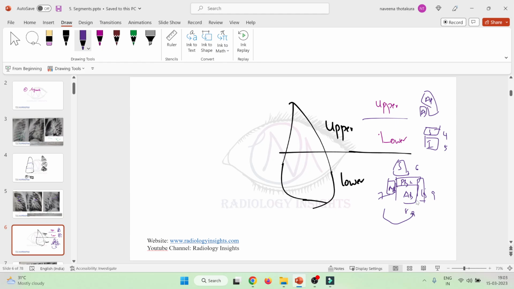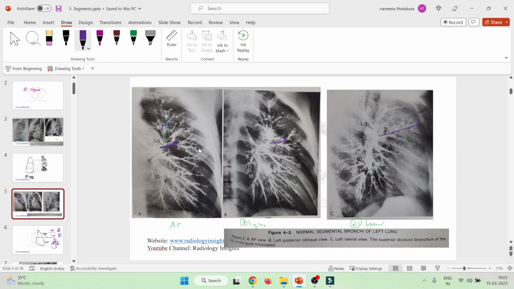So if you see the segmental bronchi distribution, we have seen already the second one. This is 1 to 3, which is actually supplying the apical and posterior segments of the upper lobe of the left lung. Then we have the second segmental bronchus, which is supplying the anterior segment of the upper division of the left lung.